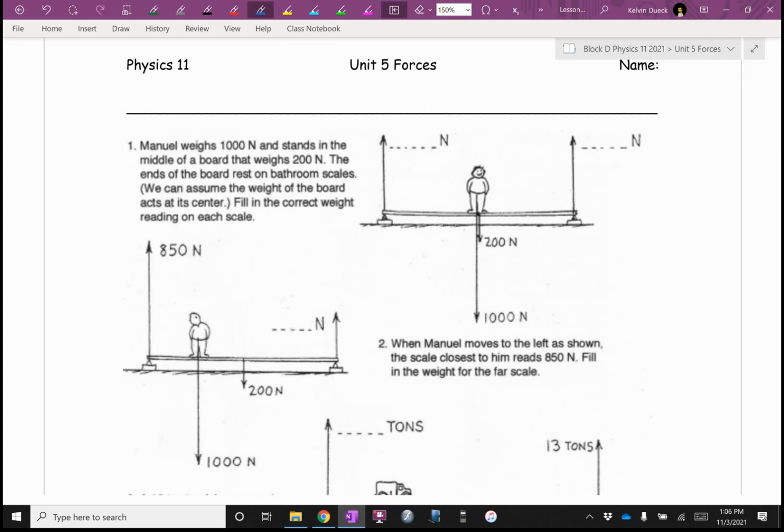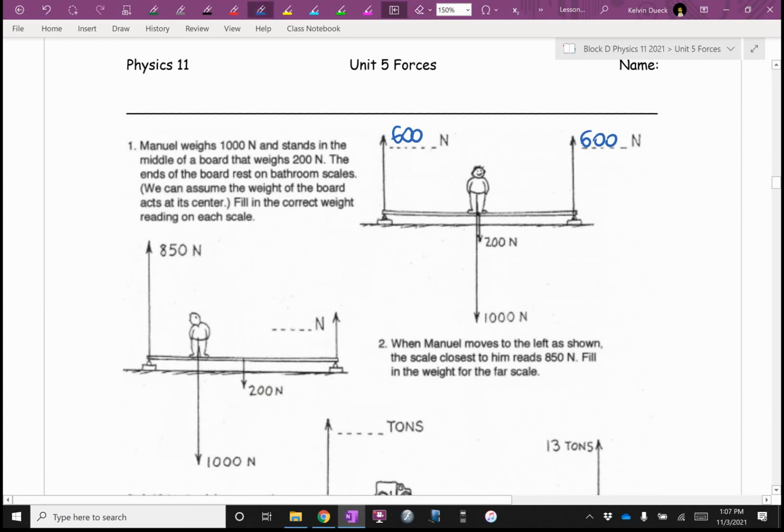Okay, so how many newtons is each of these scales pushing up with? Best guess. 600 apiece. How do I know 600 apiece? Because we're dead center between the two of them. Now, in the next one, Manuel's going to move to the left a little bit. Again, Zach, what's my total force down in this next picture?